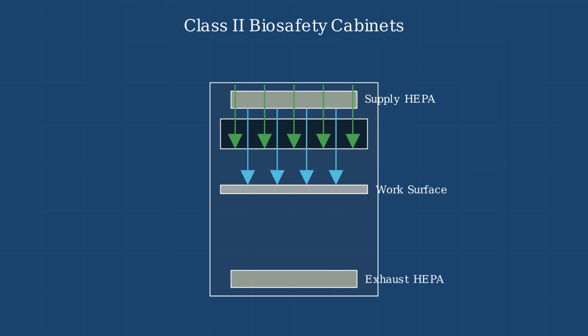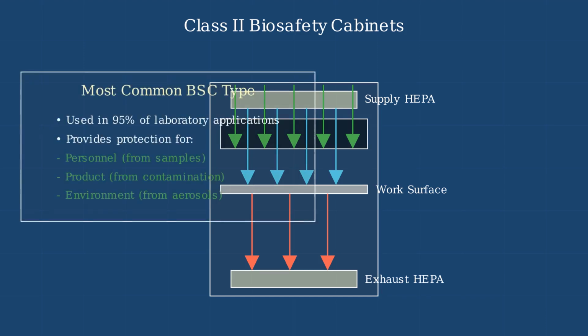HEPA-filtered downward laminar airflow protects the product from contamination. Finally, the exhaust system with HEPA filtration protects the environment from aerosols and particulates generated inside the cabinet. Class 2 biosafety cabinets are utilized in approximately 95% of laboratory applications requiring containment.